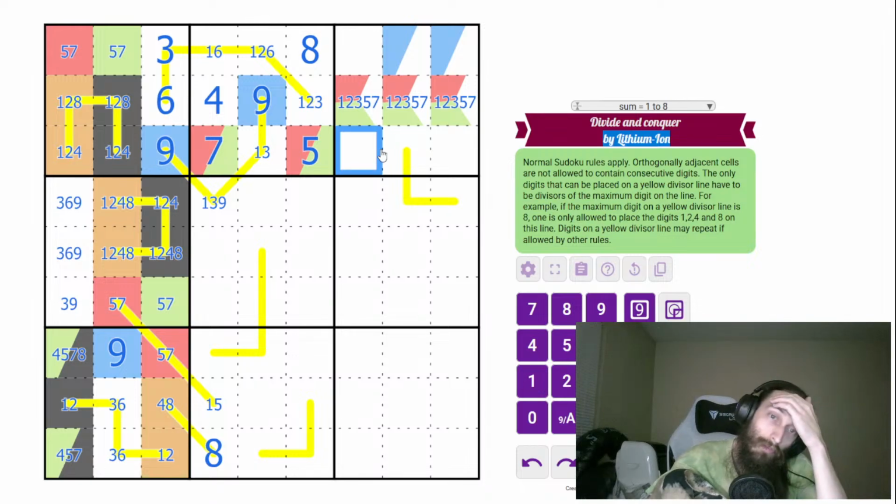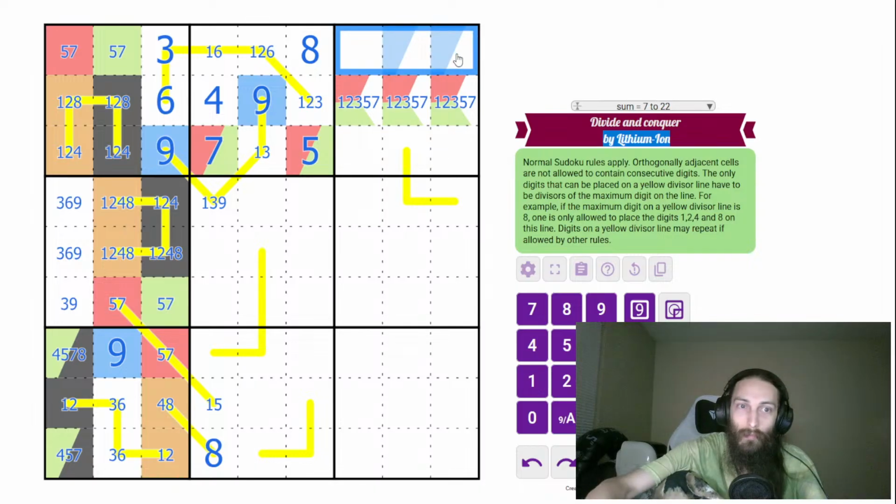So yeah, it's 1, 2, it's 3, going to go at the top of box 3 along with 9. 5, 7, 3, and 8.